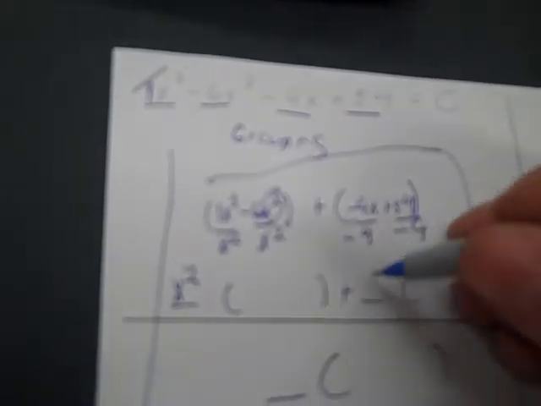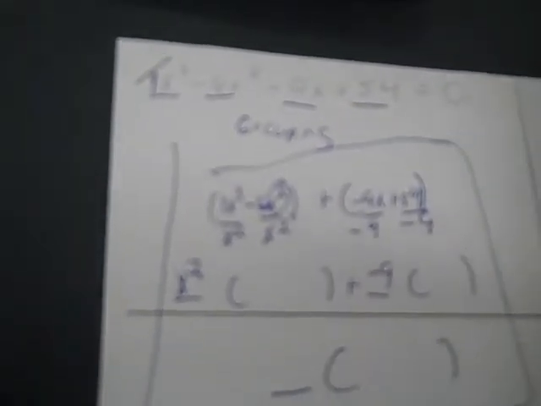And then 9 and 54, the GCF is 9. So I'm going to be dividing by negative 9. So x to the second pops out here, and then I'm factoring out the negative 9 from there.